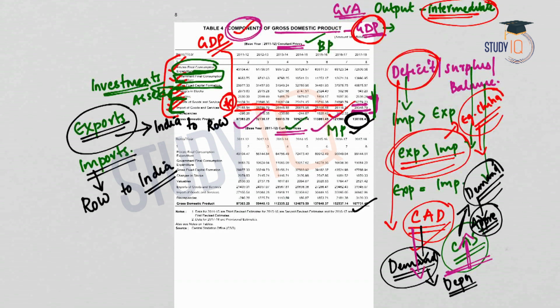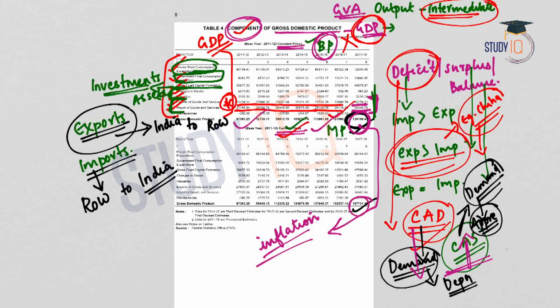So in this table also, the GDP at market prices or current prices is more than the GDP at constant prices, and this difference is due to a difference in the rates of inflation. Under constant prices, base year price is taken where inflation is not taken into consideration, but under current prices, market price is taken and where inflation is taken into consideration, and it has an impact on the GDP.